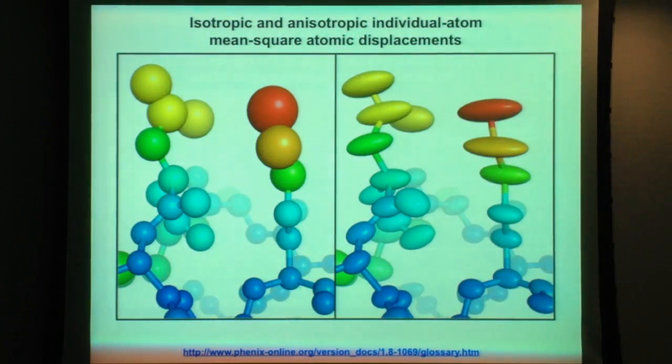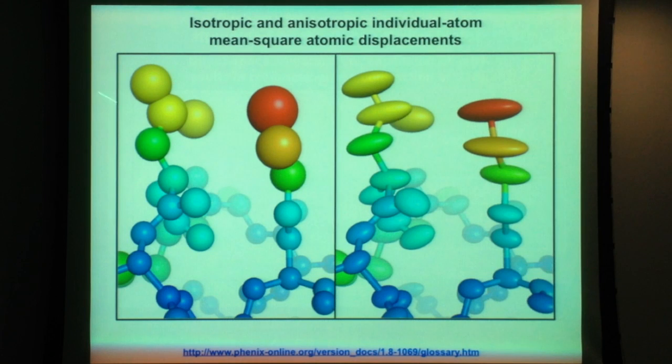So here's a situation where the diffraction data was to good resolution, say maybe 1.2 or 1.3 angstroms. I didn't go back to the original paper to look that up. But here's the results of doing the crystal structure modeling against the experimental data using individual atom B values.